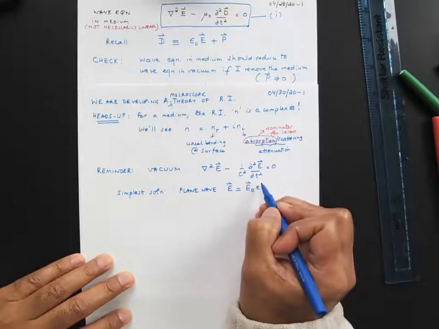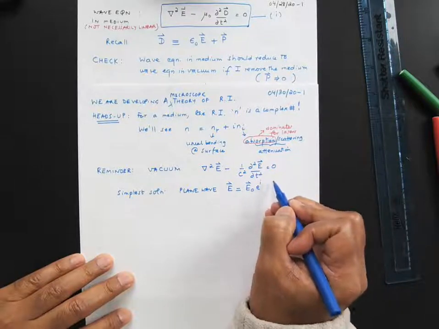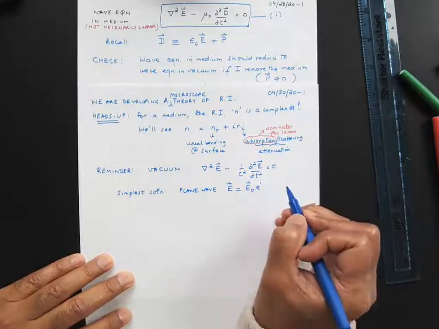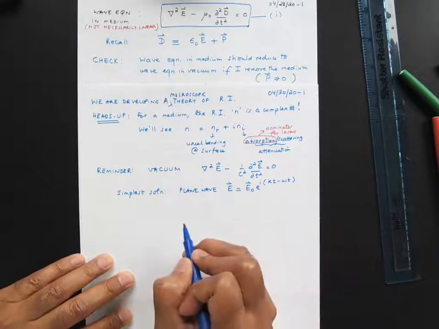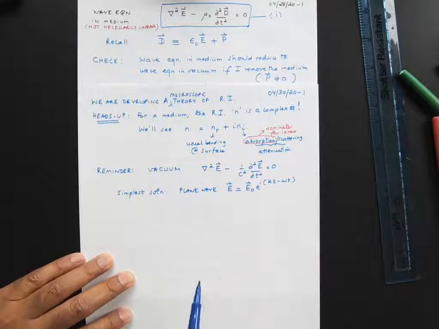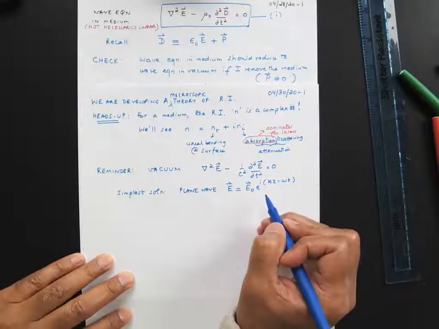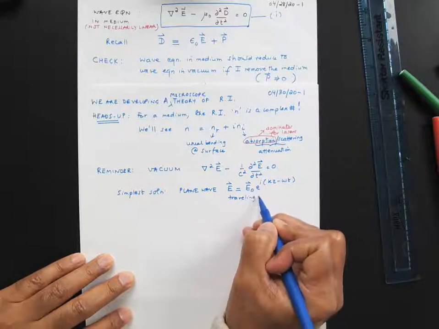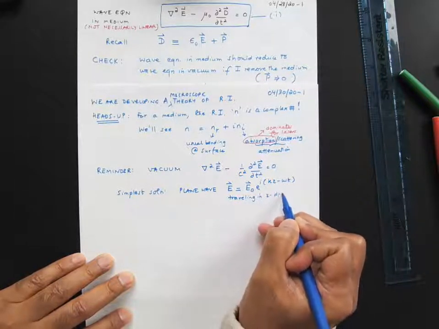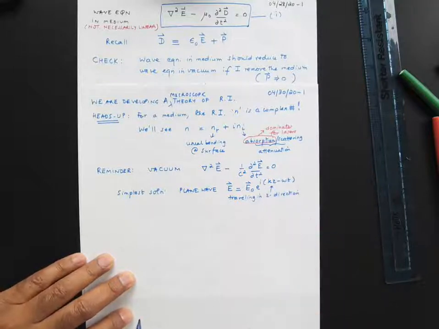And here's the part I wanted to focus on: if it's traveling in the z direction, then it's kz minus omega t. That's a monochromatic plane wave, and that's the simplest solution, traveling in the z direction.